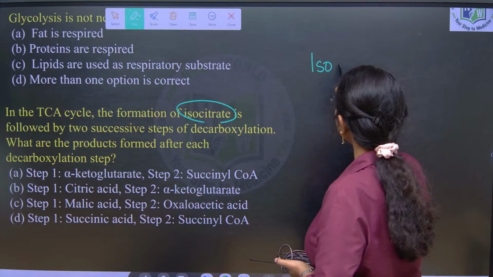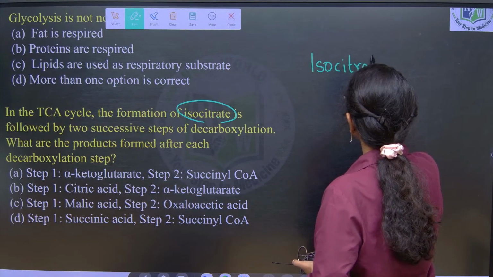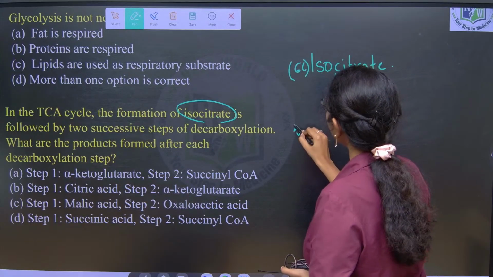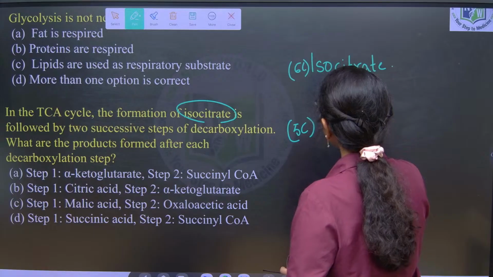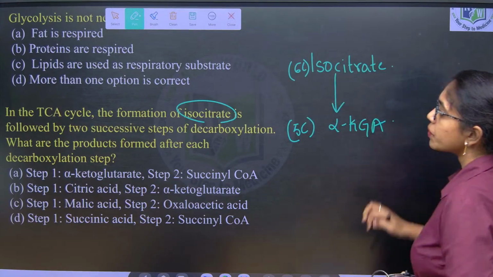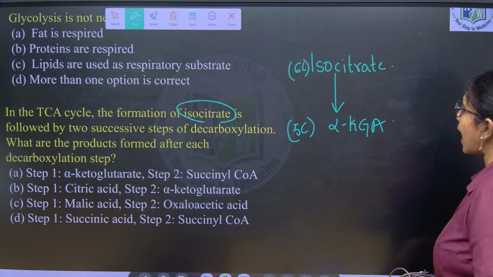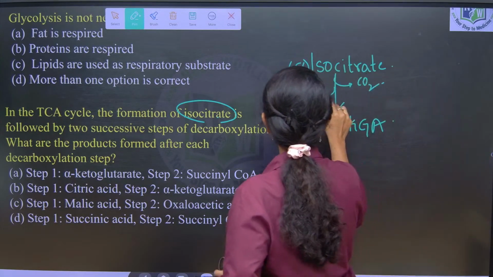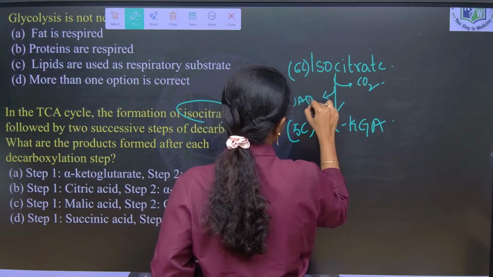Just recall immediately. Isocitrate, which is a 6 carbon compound, is decarboxylated to 5 carbon alpha ketoglutaric acid, wherein 1 carbon dioxide is eliminated, and here there will be a release of NADH.